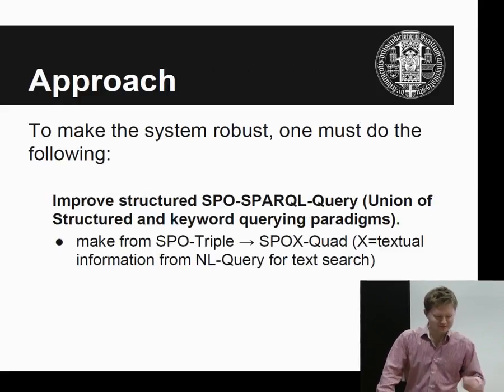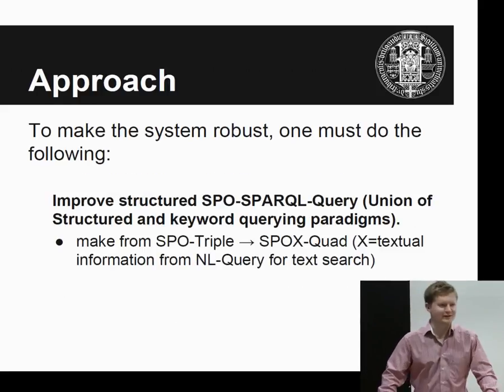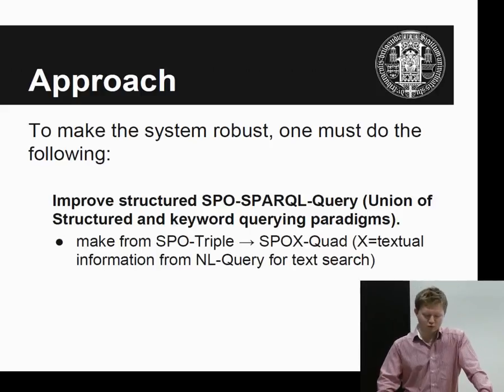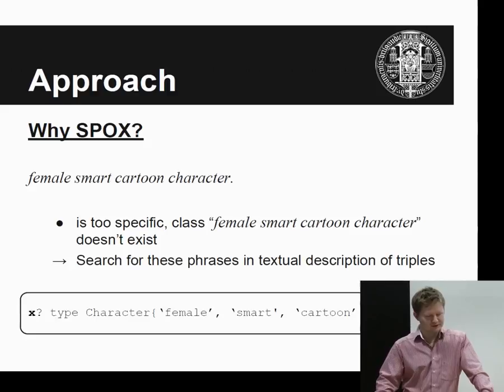The second approach is to extend the query and to relax this query. Why should we extend the query with textual information? For example, female smart cartoon character. The problem is that this entity is too specific. In this form, it doesn't exist in structured data.